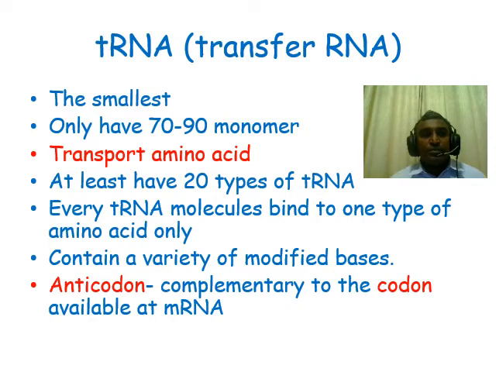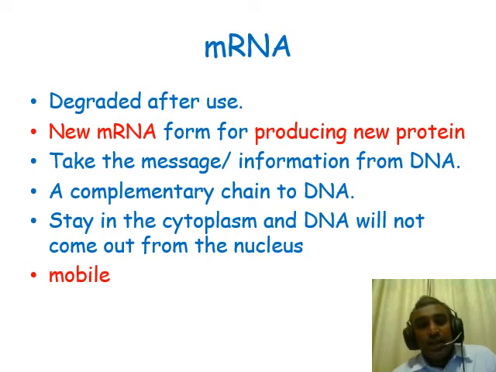Next is mRNA, or messenger RNA. You can see it is degraded after use, meaning it is made in the nucleus after complementary build-up from one strand of the DNA, and then it goes out of the nucleus into the cytoplasm, looking for either a free ribosome or a ribosome that is attached to the endoplasmic reticulum.